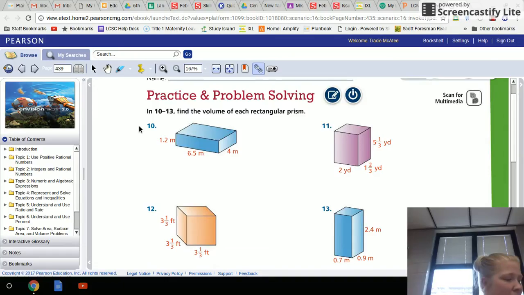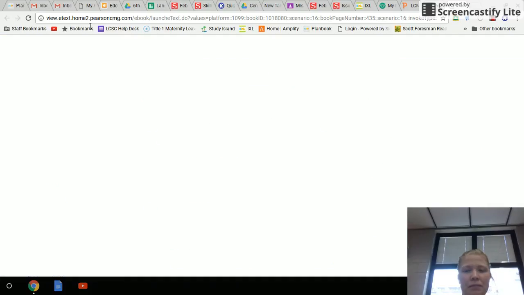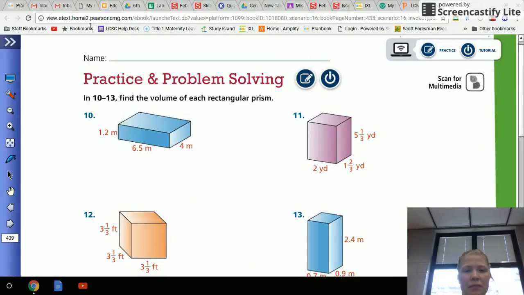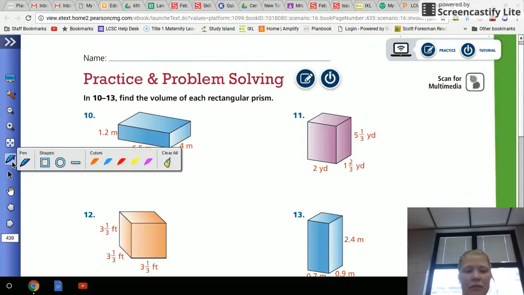Number 10's answer came out to 31 2/10 meters cubed. They did that by, let's see if I can, stay with me here. I wish you could type, but you can't.